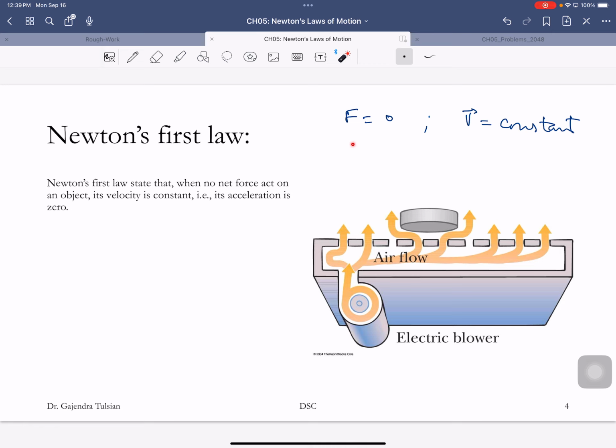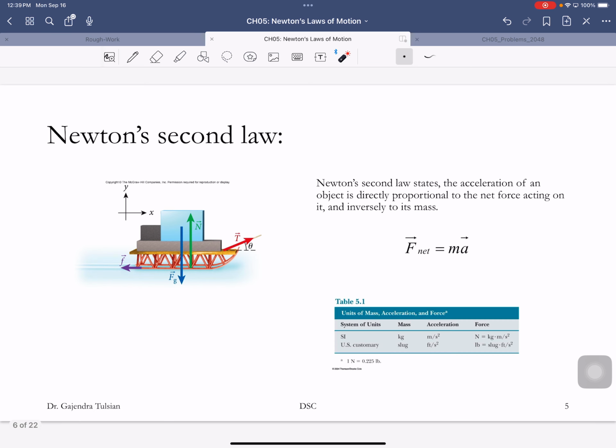Now it turns out that this is a special case of the second law. The second law says when you apply a non-zero force on an object, the acceleration is given by this equation. The acceleration is proportional to the force and inversely proportional to the mass.